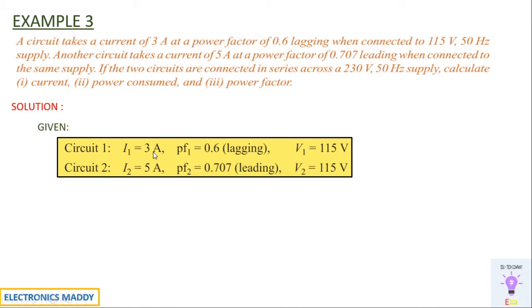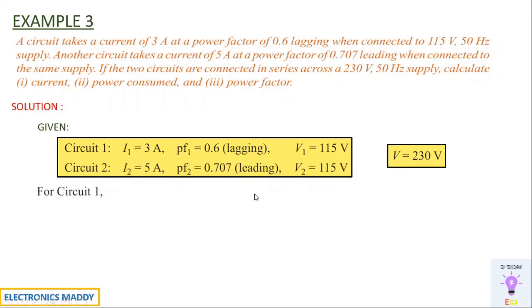We'll be writing the given data, that is current I1 is equal to 3 amps, power factor 1 is equal to 0.6 lagging, V1 is 115 volt, I2 is 5 amps, and the power factor 2 is 0.707 leading, and V2 is equal to 115 volt. So they're connected to the same supply, so that is what is mentioned. So the overall supply voltage is V, that is equal to 230 volt.